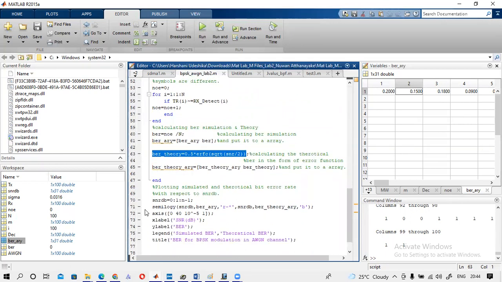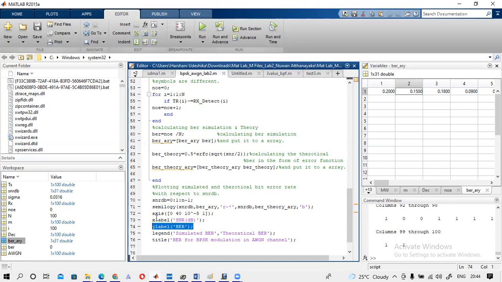For SNRDB from 0 to 39, I plot my simulated bit error rate in red and my theoretical bit error rate in blue. I have limited the x-axis to get my drawing very clear, and I have also labeled the x-axis and y-axis, put a legend, and put the title here.